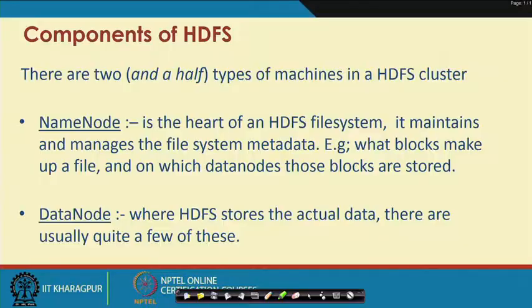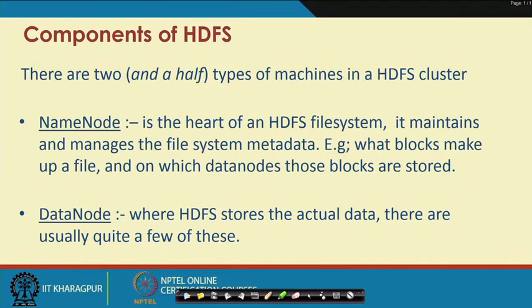So, there are 2 main components of HDFS. These are software components which are running on the servers. The first software component is the name node component. This is the heart of an HDFS file system.